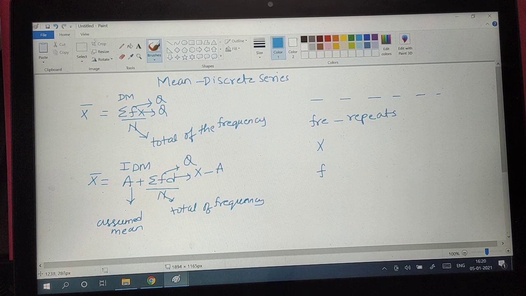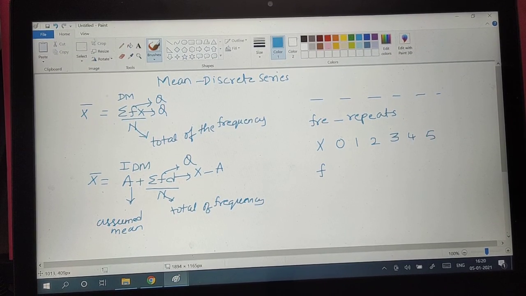For example, if I am looking at number of children in a family, there can be no children in a family, one child, two children, three children, 4 and 5 children. Now if I'm looking at data of 100 families, the number of families having 0 children can be 10, number of families with one child are 20, or let's say this is 30, then number of families with 2 children are also 30.